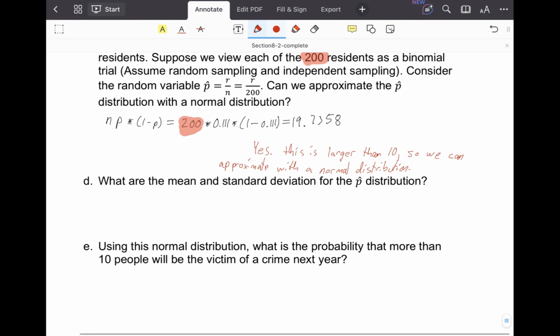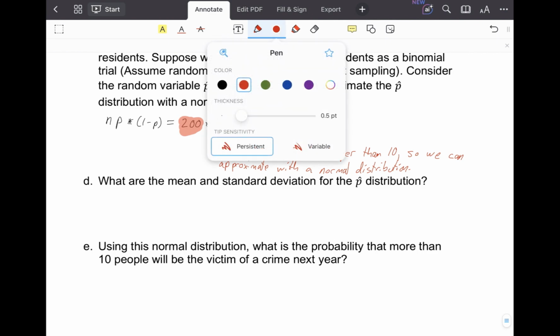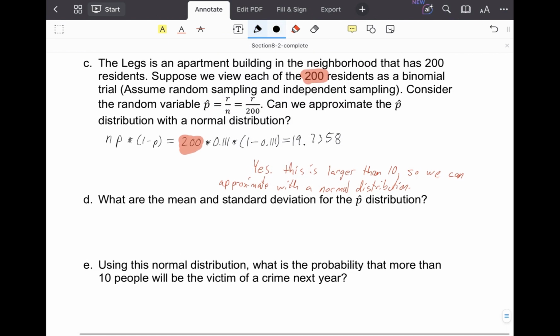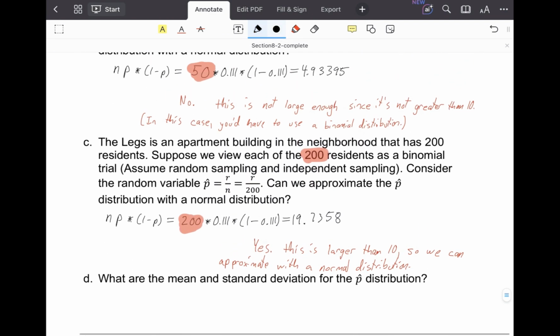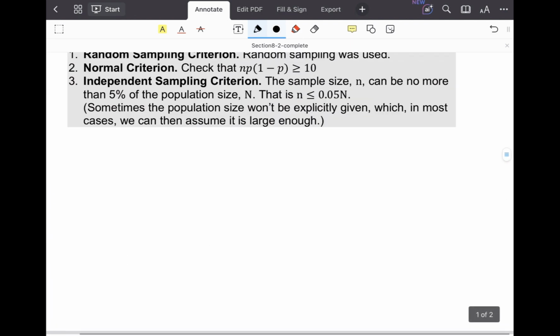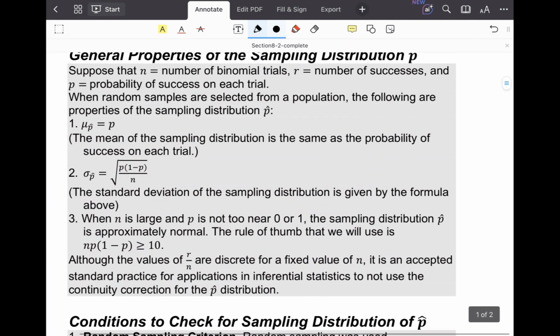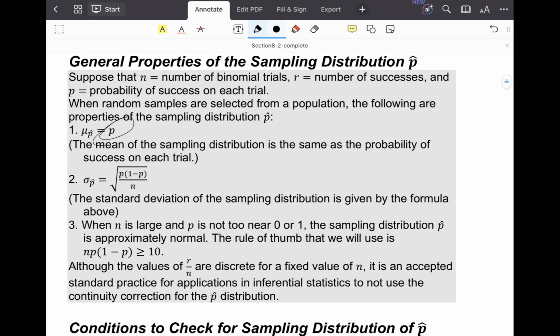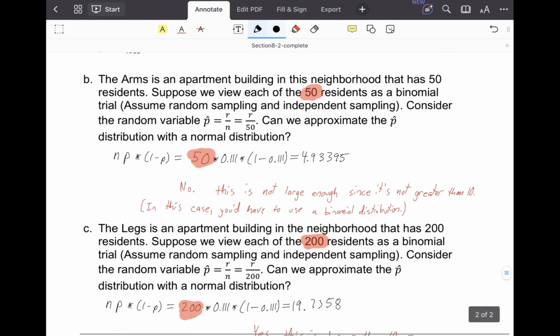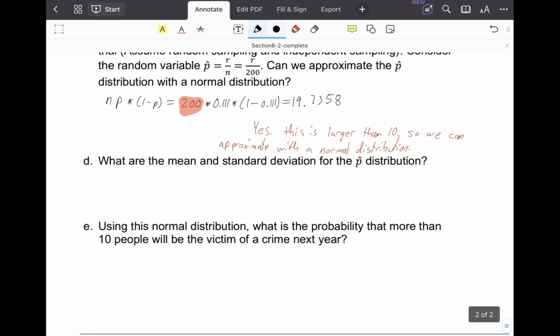Okay, now what are the mean and standard deviation for this distribution? So this is referring to part C, not to part B. We can use the formulas from above, so just to remind you, P is the mean, and then the square root of P times 1 minus P all over N is the standard deviation. So I'm going to write this in the symbols that I had up there.